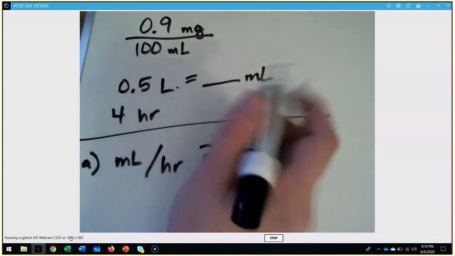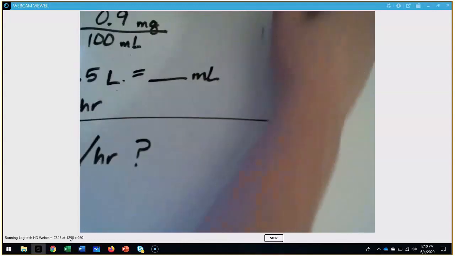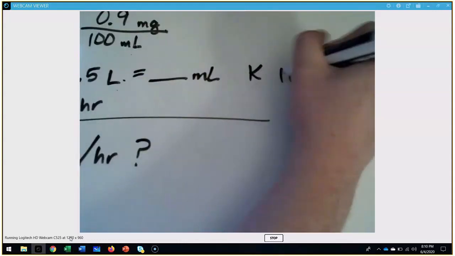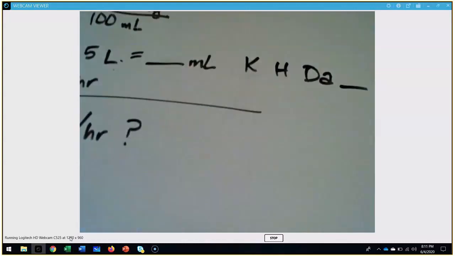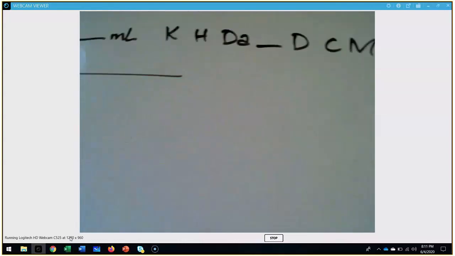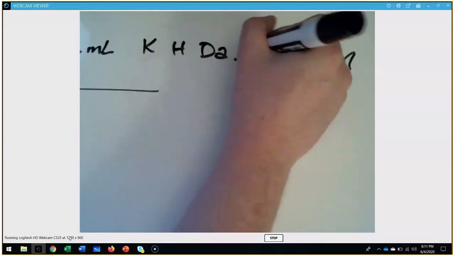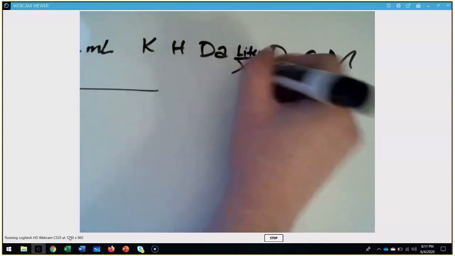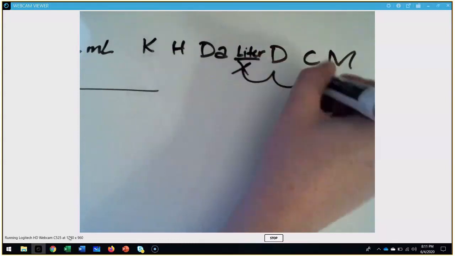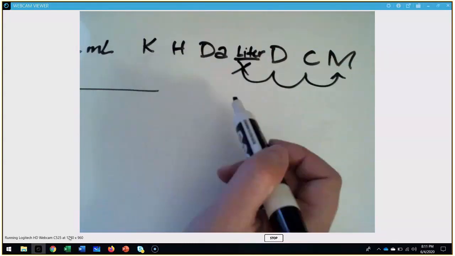All right, so if I'm going from liter to milliliter, that's metric, and liter is the base unit. I am starting with liter, going to milliliter, so 1, 2, 3 to the right.